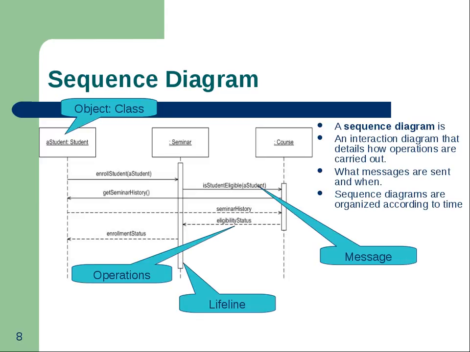Sequence diagram. This is useful for when you're trying to diagnose what's going on. It's really helpful to tell you the order of operations when you want to do something. For example, in here you have a student, and the student wants to enroll in the seminar. So student requests to enroll in seminar. Seminar says, okay, hold on. Hey, course, is this student eligible? And the course says, well, hold on, let me go back to the student.